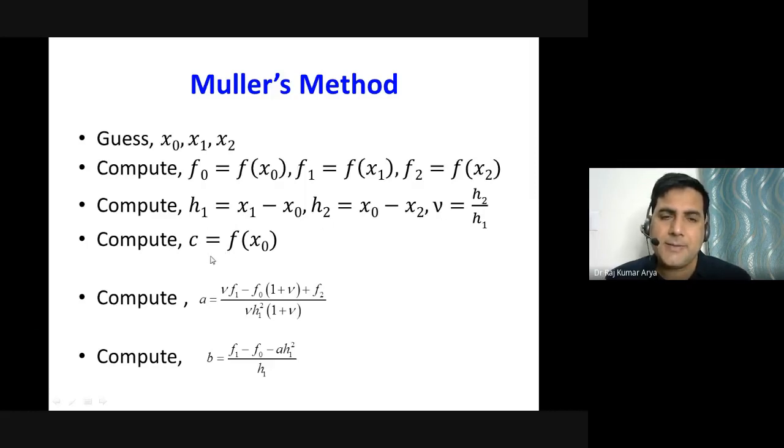Then c is fixed at f(x0), and this is the formulation to calculate a first. The derivation is there, but we are not interested in that. We want to use the method directly. So a would be calculated as nu f1 minus f0 (1 plus nu) plus f2 nu, upon h1 squared (1 plus nu). Then b is calculated as f1 minus f0 minus a h1 squared, upon h1.